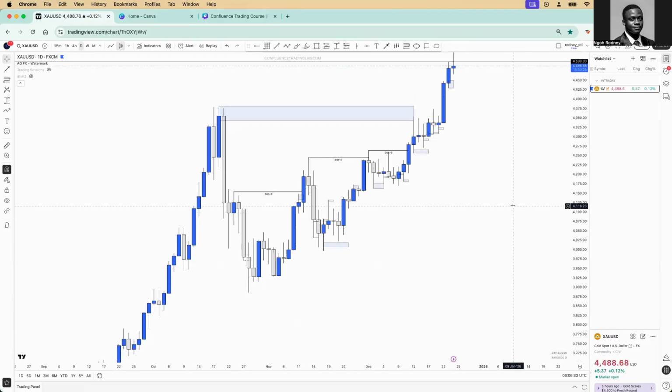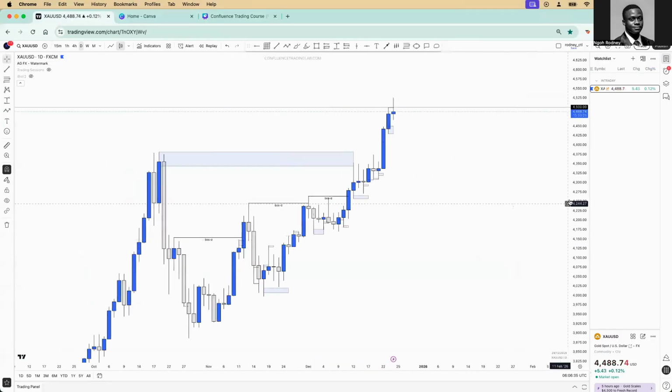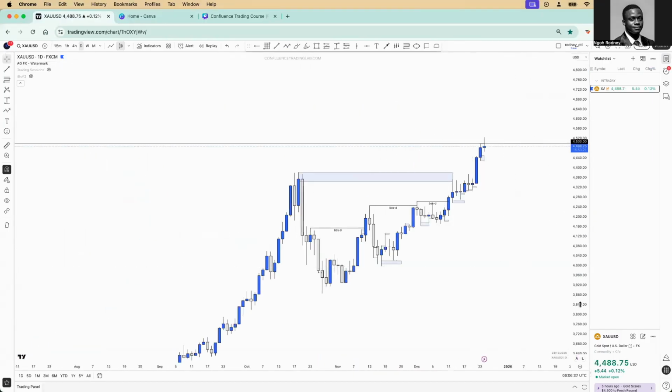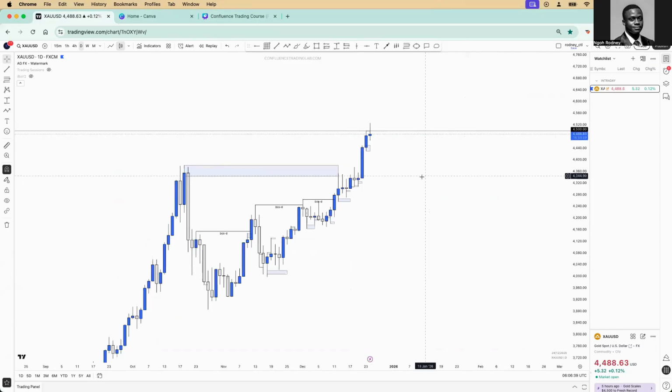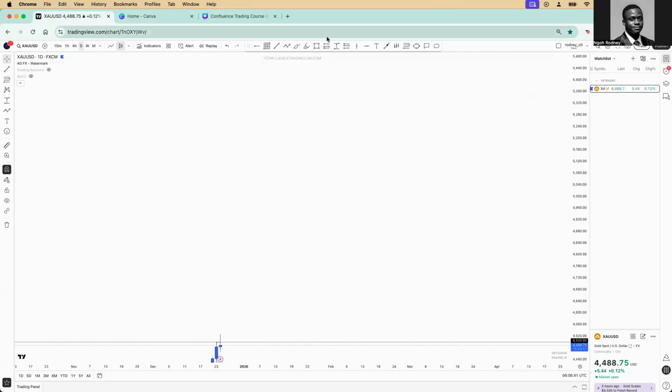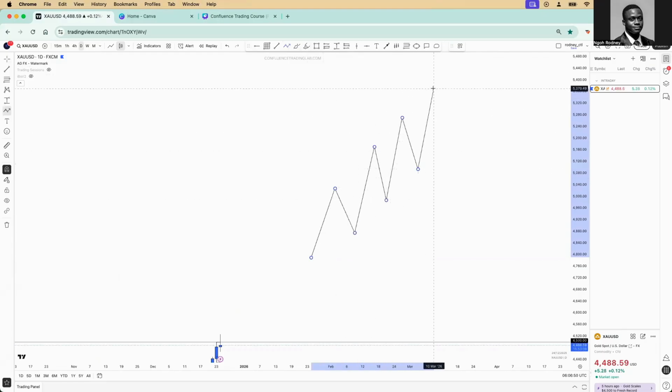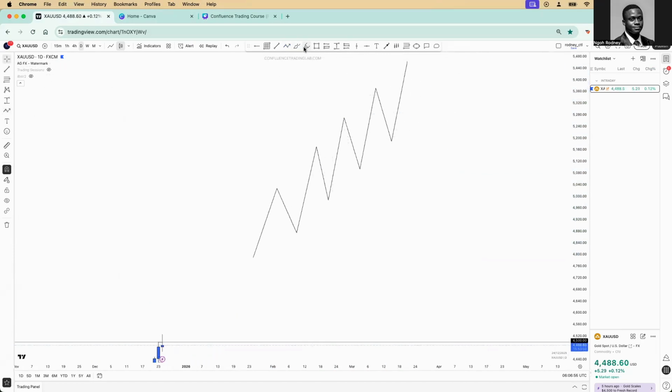Now, once you've established that we are in an uptrend, which is the case with gold, the first thing you want to see is higher highs, higher lows, higher highs, higher lows. Okay, that's market structure. If we're in a downtrend, of course, you want to see the reverse, right? Like this, right?